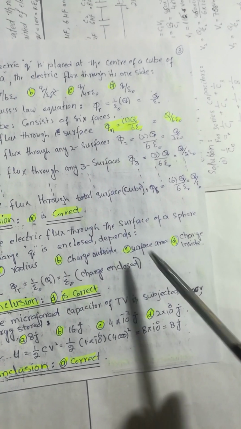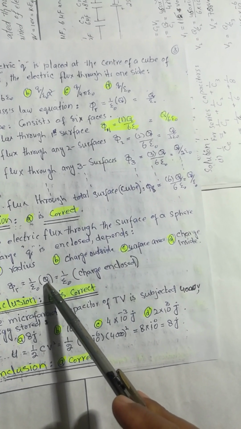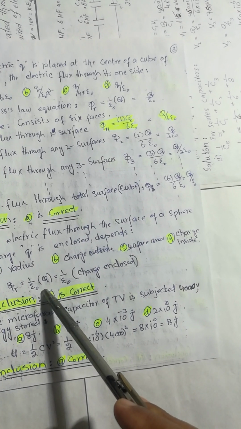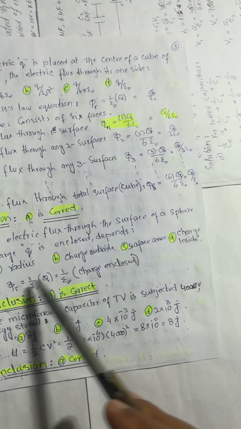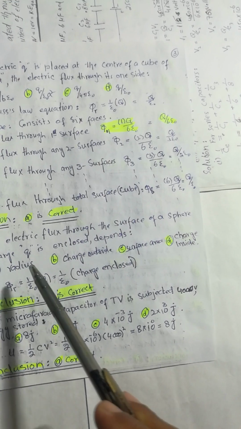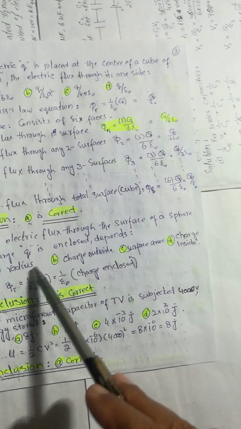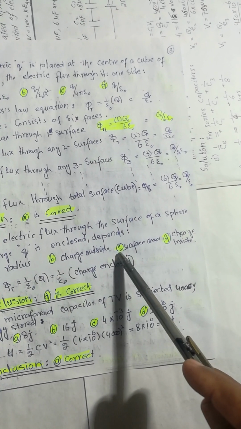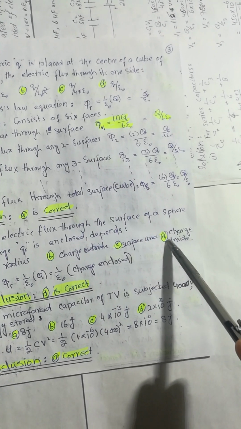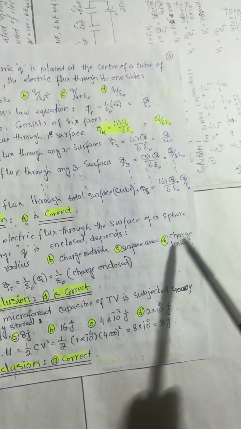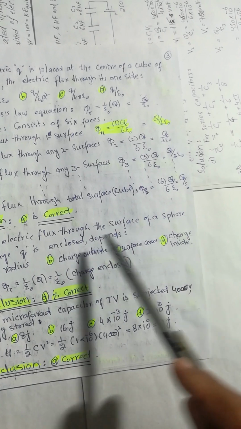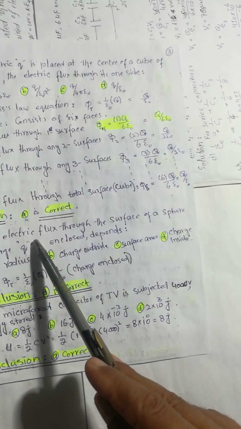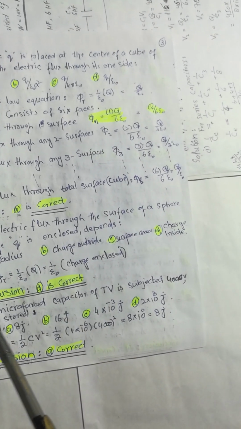According to Gauss's law, the enclosed charge divided by the permittivity is the total flux. So options A, B, C are wrong, and option D is correct, because the charge inside is related to the total flux emitting from the closed surface.